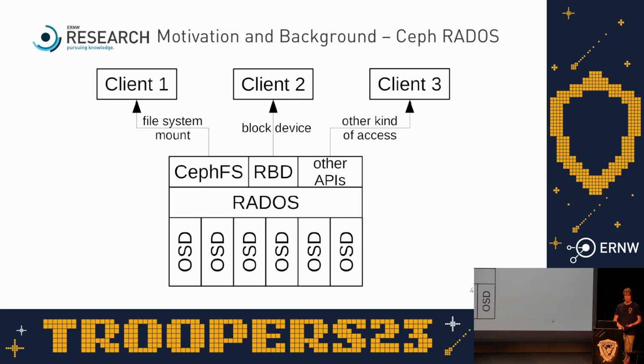And there are different other APIs that you can use, for example, Rados Gateway, where you also can use like REST-based communication to drop data or to read data. But I focused mainly on CephFS and RBD.